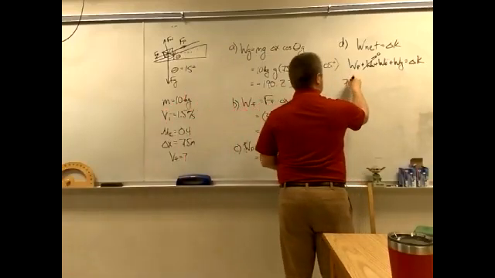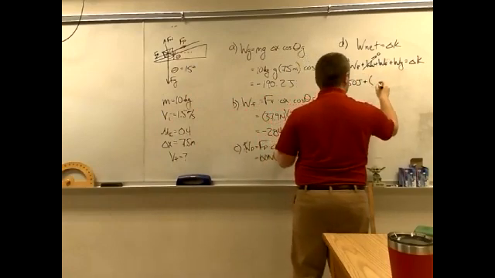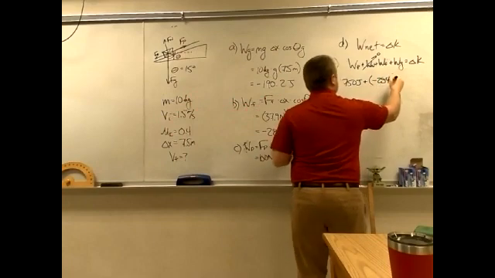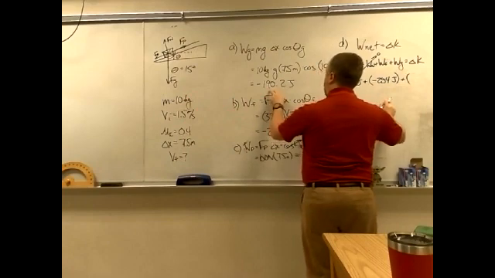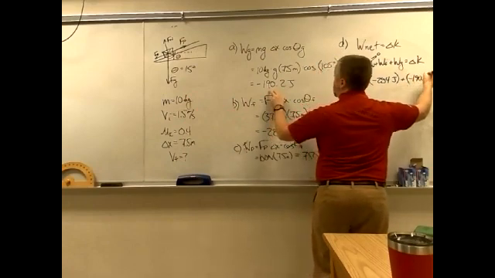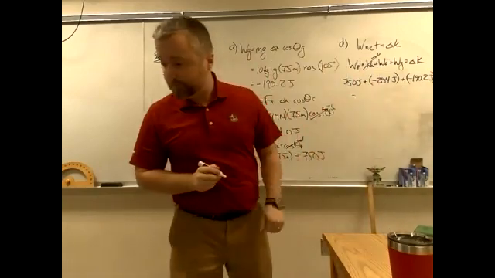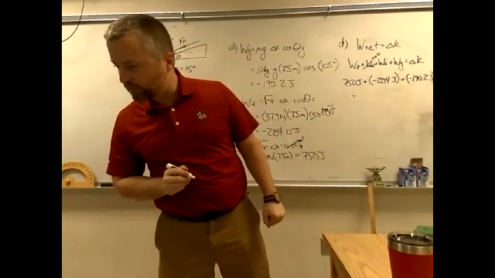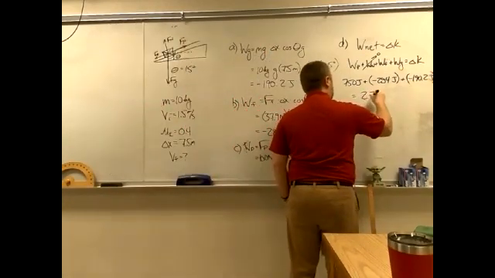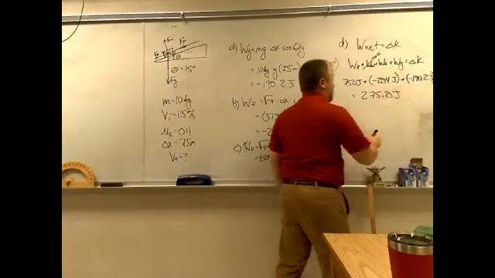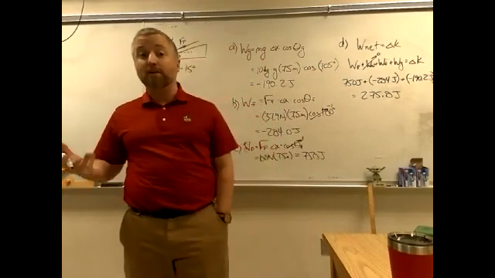Work of pull, it said, was 750 joules, plus work of friction was negative 284 joules, plus the work of gravity is negative 190.2 joules. Added that all up, and that is equal to, what I got, positive 275.8 joules. So there's a positive work, there's a positive change in energy. We should expect this thing to go faster.